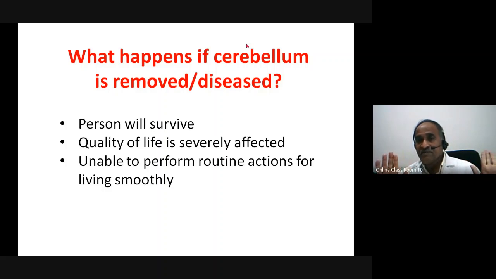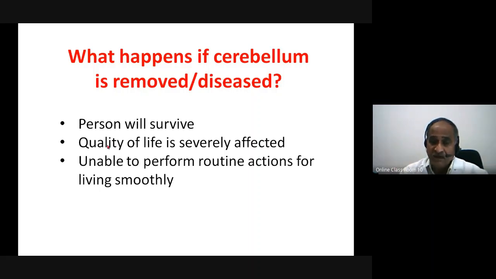However, there will be severe deficiencies which will affect his quality of life. Though he is surviving, life becomes a burden to the individual, because he is unable to perform routine actions for a living smoothly.